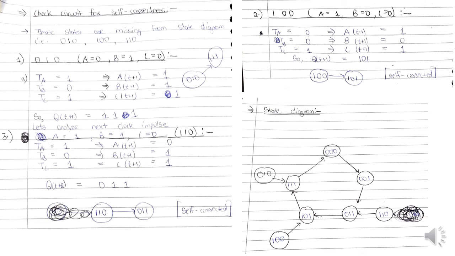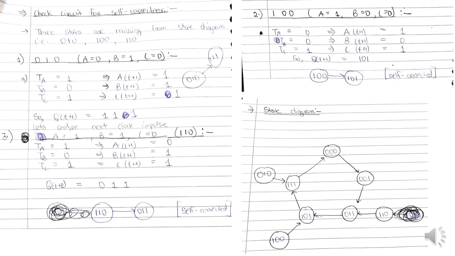The first is 010, where A is 0, B equals 1, C equals 0. In the current state TA will be 1 because TA equals B and B is 1, and then TB equals 0, because TB equals C and here C equals 0.